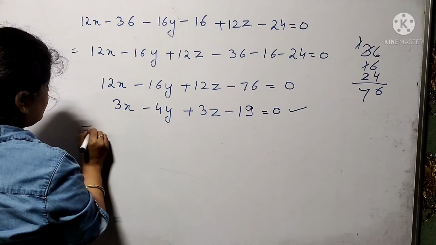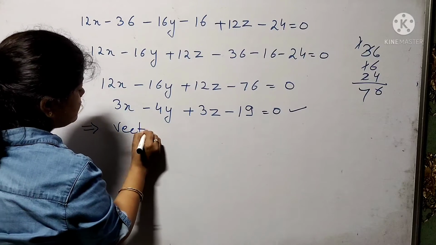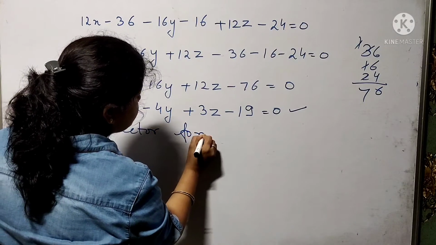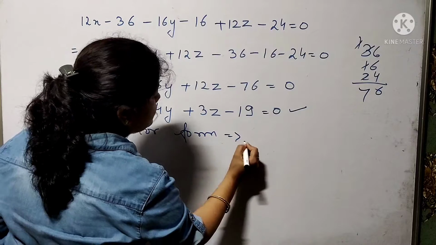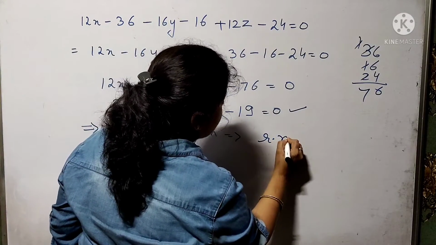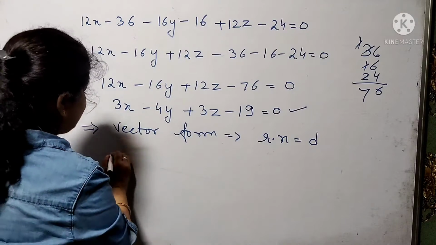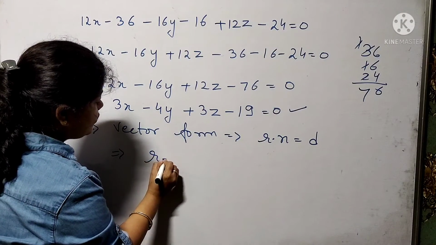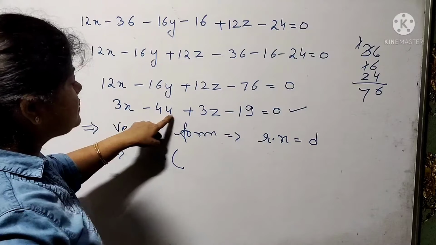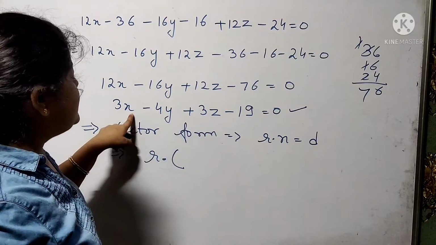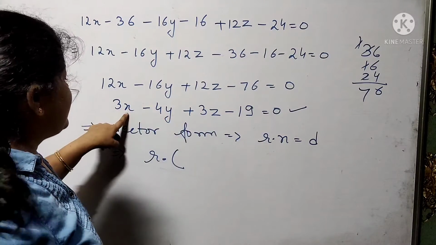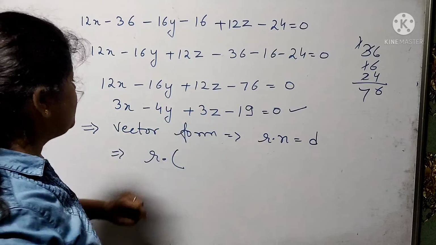So the vector form is r dot n is equal to d. So we just write simply r dot, in place of x, y, z we write i, j and k. x for i, y for j and z for k.